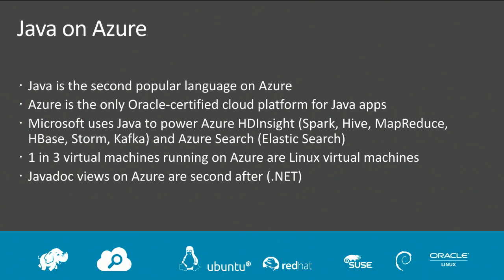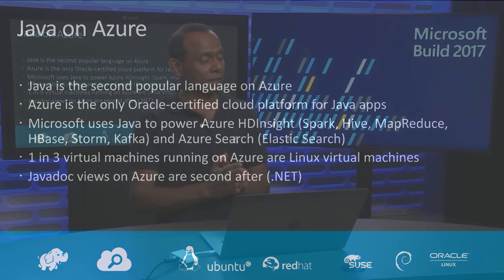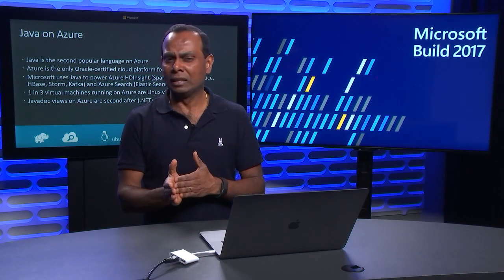And Azure Search also uses Elasticsearch. You might be surprised, 1 in 3 virtual machines running on Azure are Linux virtual machines. If you look at the Java doc views on Azure, they are second after .NET. So it's a very popular language on Azure.